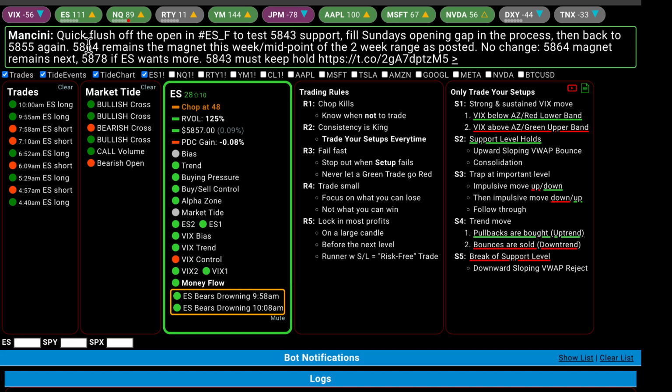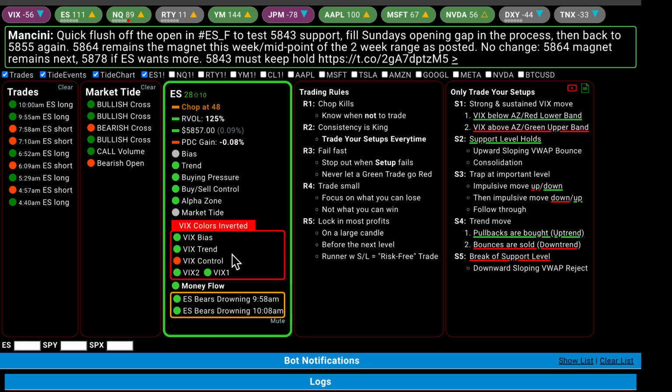So when he posts a new tweet, it will immediately verbally read it for you so you know what's going on. The guy is really amazing. So when he says it's just chop now or respect this level or that level, absolutely, consider his advice. So I'm going to move the Mancini tweet and then this cheat sheet over to Auto Trader so you can see that.